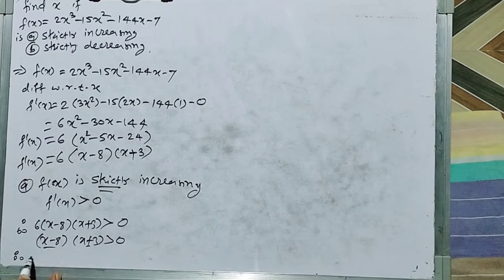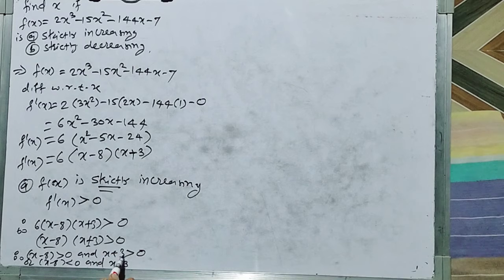It means both of them are positive or both are negative. So therefore x minus 8 is greater than 0 and x plus 3 is greater than 0, or x minus 8 is less than 0 and x plus 3 is less than 0. Now consider first case.